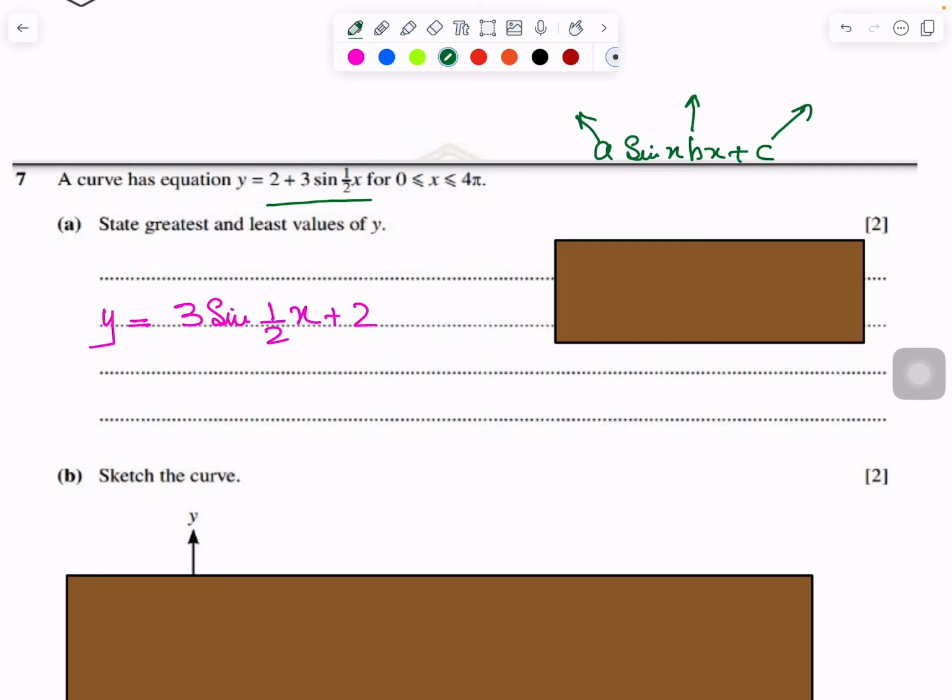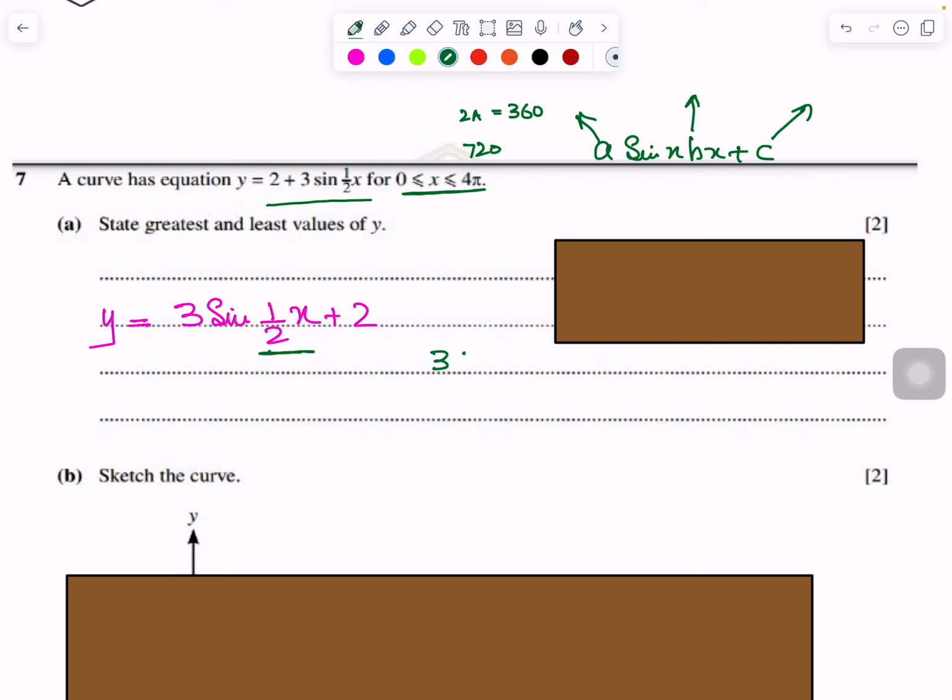Okay, so I have to sketch between 0 to 4 pi. Now this is in radians. We know 4 pi means 720 because 2 pi is equal to 360. You should know this very well. So now if I look at this half x, I have already told you that this means the sketch will expand.